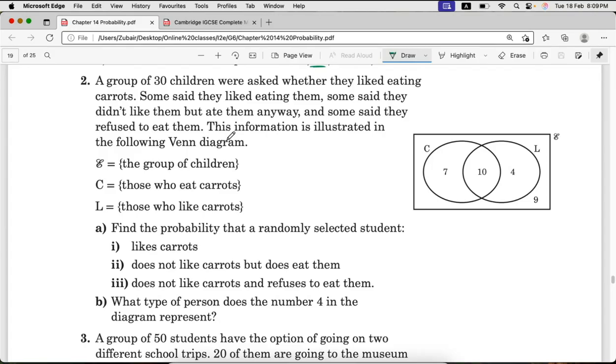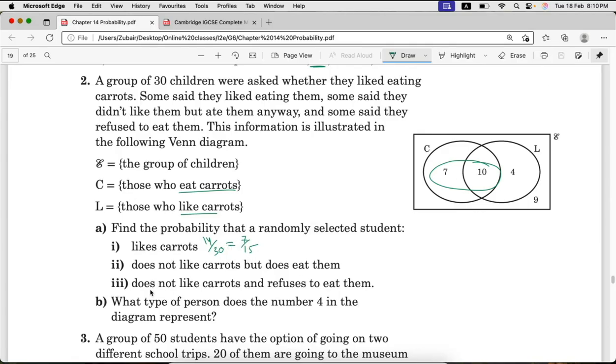Those who eat carrots, those who like, yeah, you're right. So 14 over 30. And we definitely need to simplify it as well in exam. Oh, yes, 7 by 15.